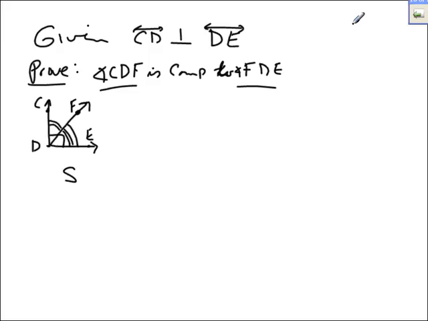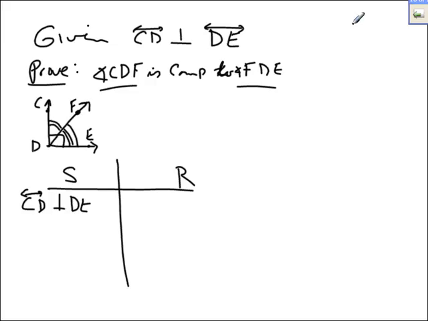So statement, reasons. 1, the given. CD is perpendicular to DE, and the diagram. Given. State the givens.